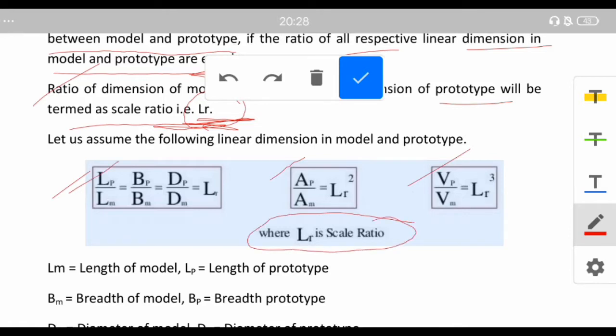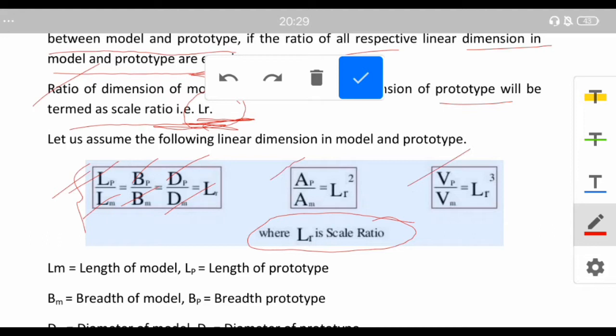Suppose LP is the length of the prototype and LM is the length of the model. Similarly, BP and DP are the breadth and depth of the prototype, and BM and DM are the breadth and depth of the model, or even the diameter you can consider. Apart from the other dimensions, we can also consider the diameters if it is cylindrical or conical in shape.